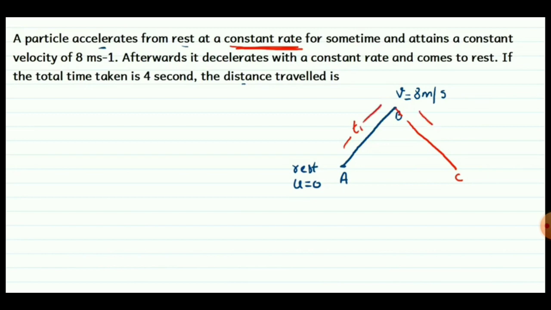Now student, from A to B the object has travelled some distance in t1 time. From B to C it has travelled some distance in t2 time. Now what would be the total time? Total time will be equal to t1 plus t2, that we can write as 4 seconds. It is given in the question that the total time the object has taken is 4 seconds. Now we have to find the distance travelled by the object.